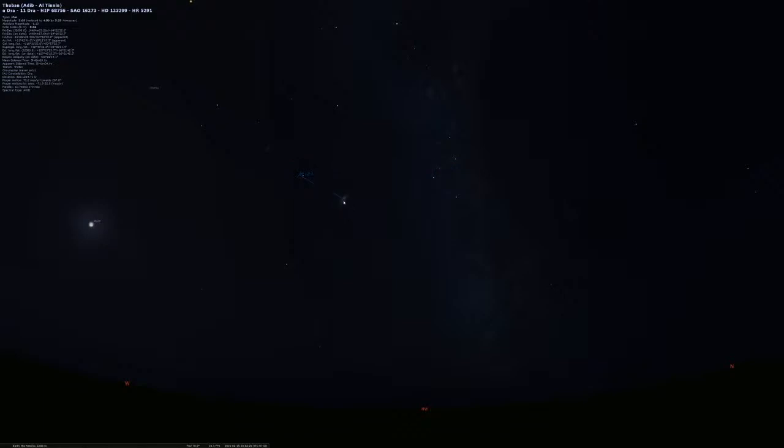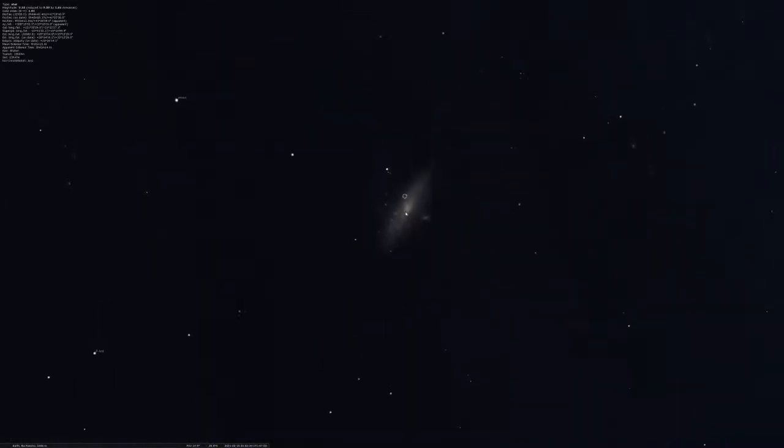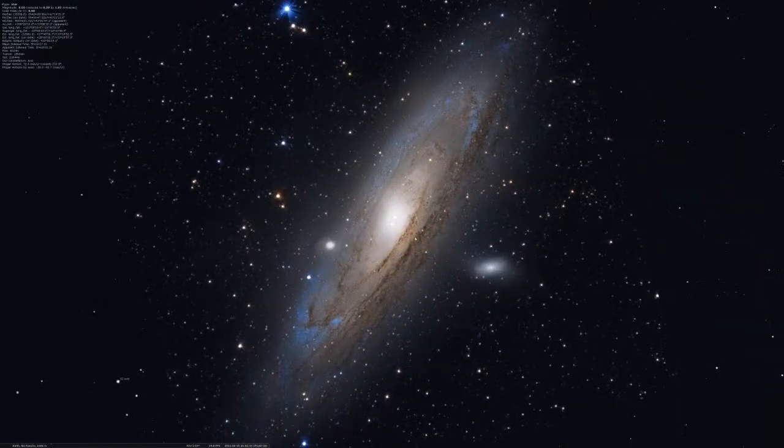This is what is called a galaxy. Now, our Milky Way is a galaxy. It's a collection of stars. I'm not sure why I can't click on this to zoom in, but there we go. It's a collection of stars, gas and dust. All the stars that we see at night are in our Milky Way. This right here is a completely different galaxy.